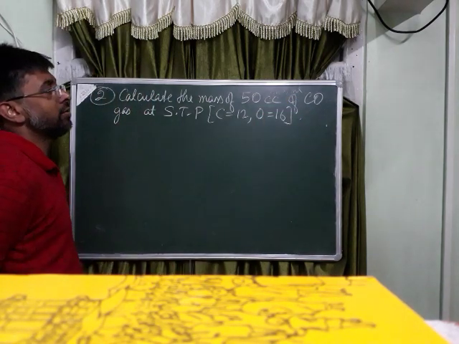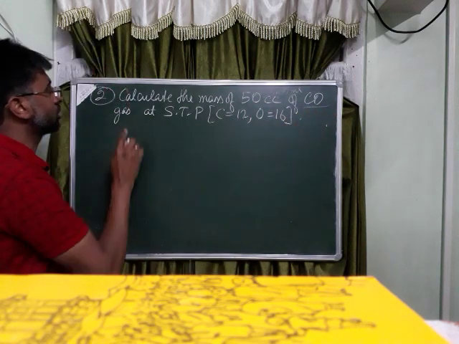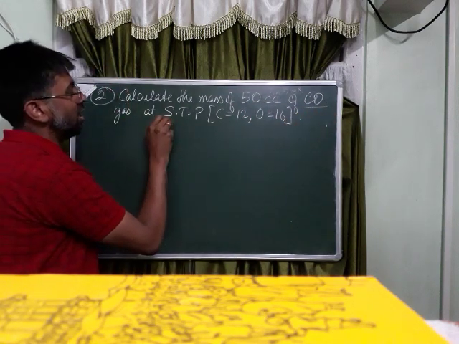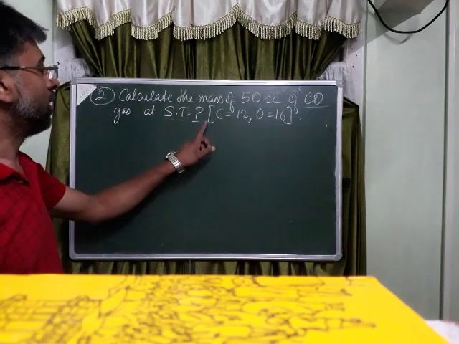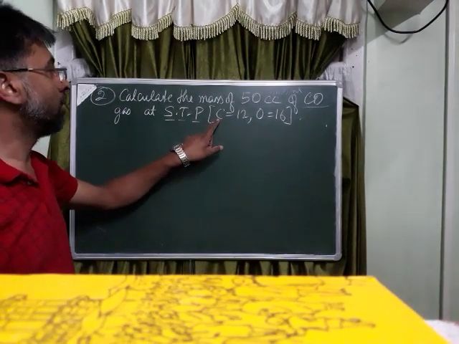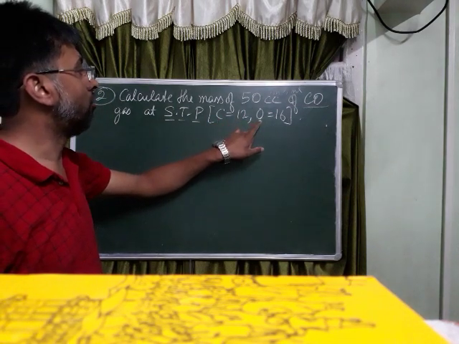Calculate the mass of 50 centimeter cube of carbon monoxide, CO, gas at STP, standard conditions of temperature and pressure. Given in square bracket, the atomic mass of carbon is 12 and the atomic mass of oxygen is 16.